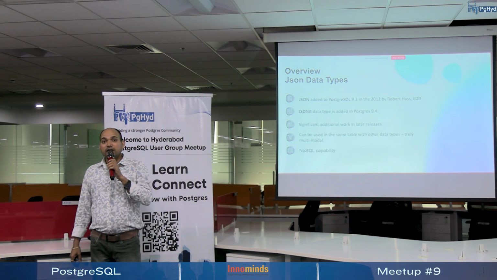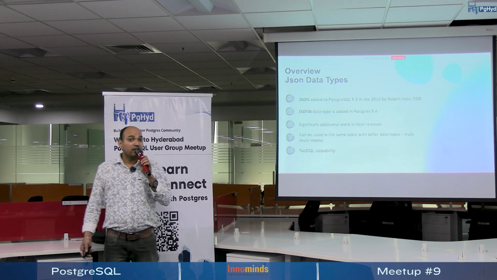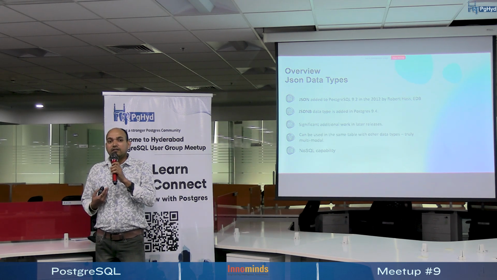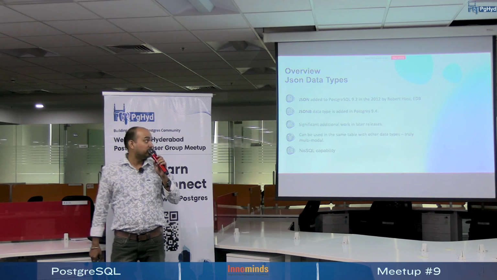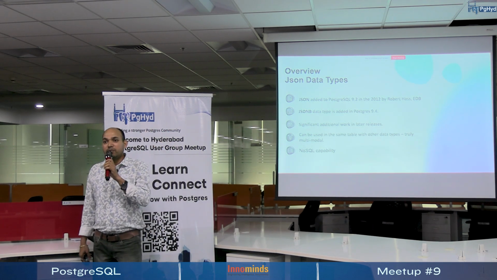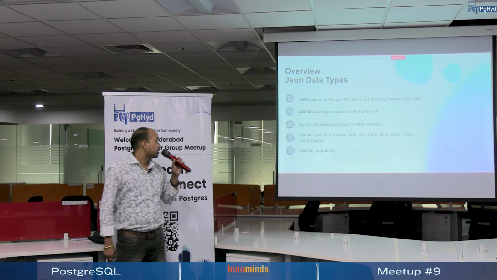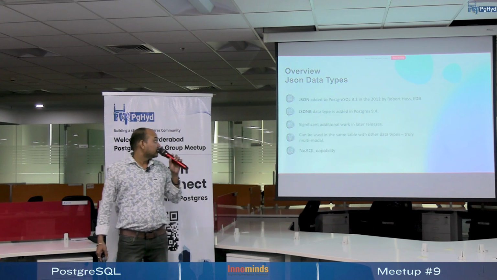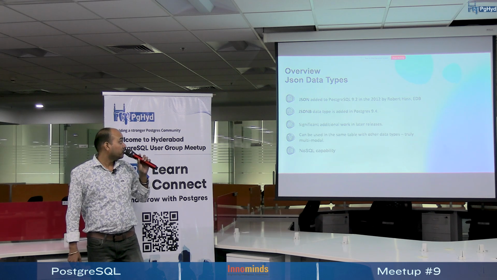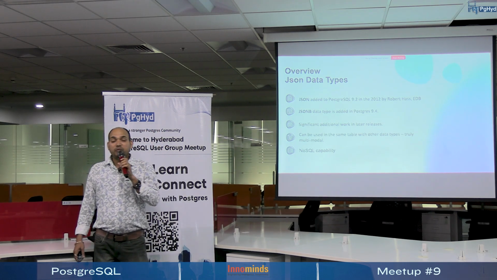JSONB is stored in a binary format, so JSONB stands for JSON binary, or some people refer to it as JSON better. The reason is that there are some performance implications with the JSON data type, so JSONB came into the picture and performance improved. We can see that significant improvements and enhancements happened to these two data types, JSON and JSONB, over the releases of Postgres.